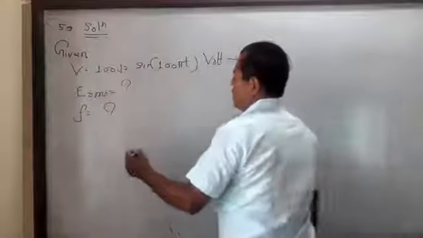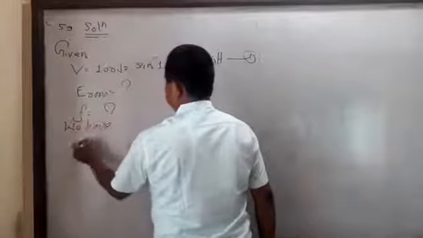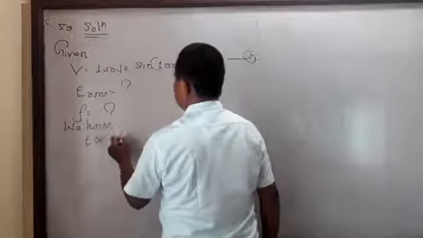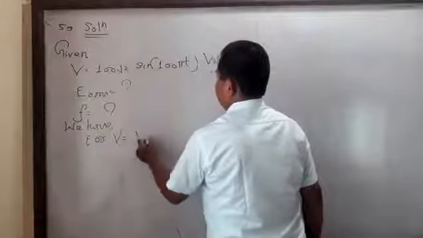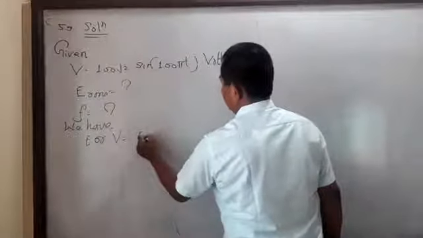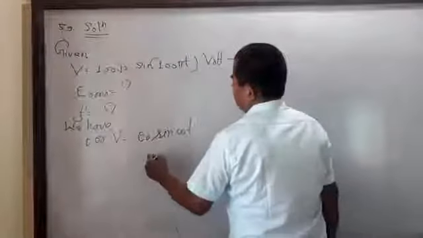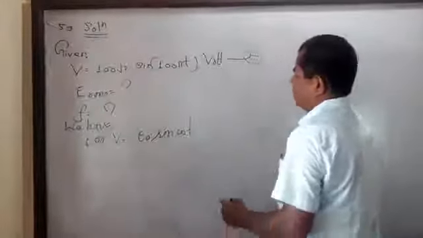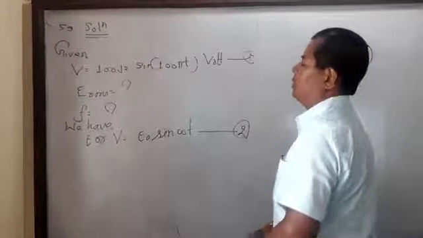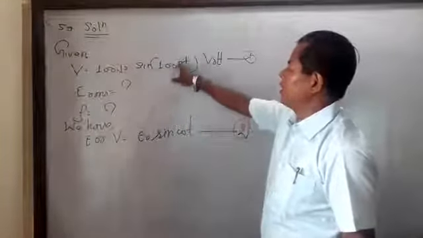Then we know that E or V is equal to E naught sine omega t. Equation number 2. Now compare these two equations, 1 and 2.